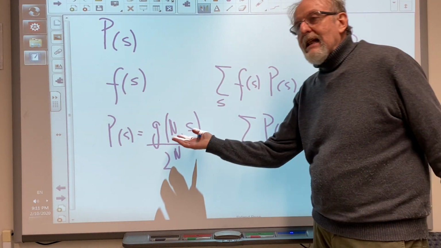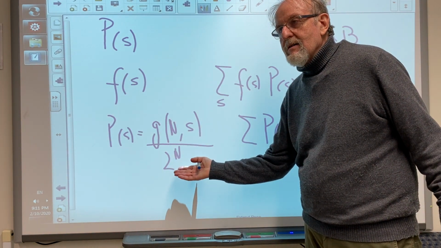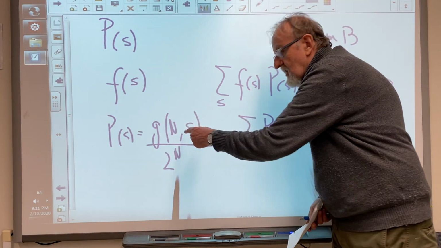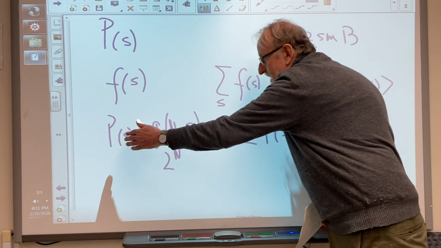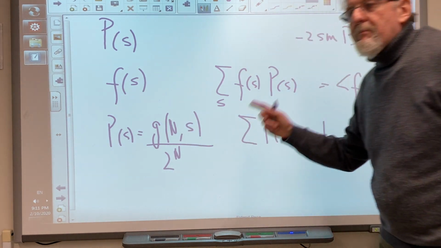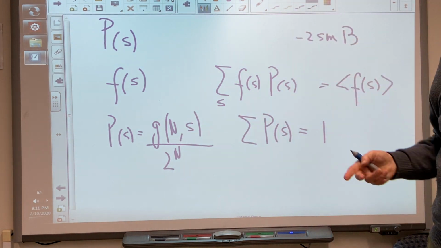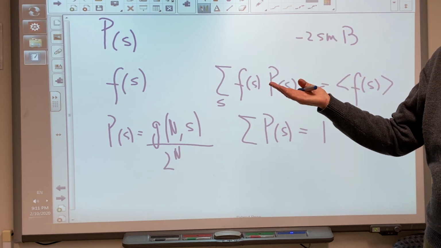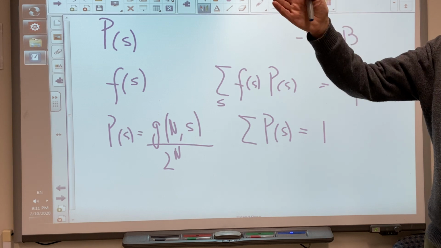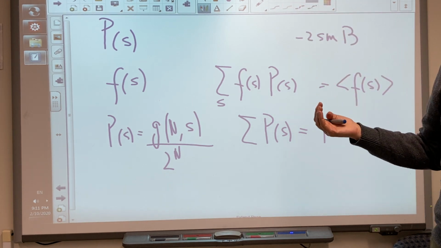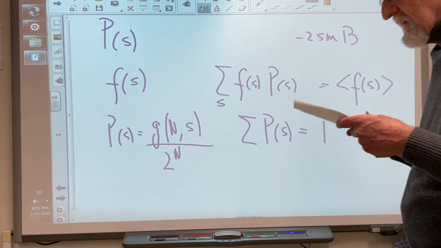Why? Because the total number of states is 2 to the n. So when I sum all the P of S, remember the sum of g of N S was 2 to the n. So when I sum the P of S, I get a 1. So this will be the probability, what I obtained before, divided by 2 to the n. Why? Because I have a bunch of states. I calculated the probability of each one of them. I divide by the total number of states, which was 2 to the n.